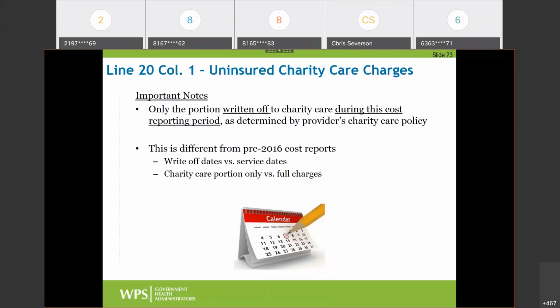I know according to the instructions, they specifically say courtesy allowances and prompt pay are not allowable for S-10 purposes. So I think the one question was kind of unique because it involved a self-paid patient and happened to be included in their financial assistance policy. But that's probably one we'd want to run by the policy folks at CMS to get a clarification.